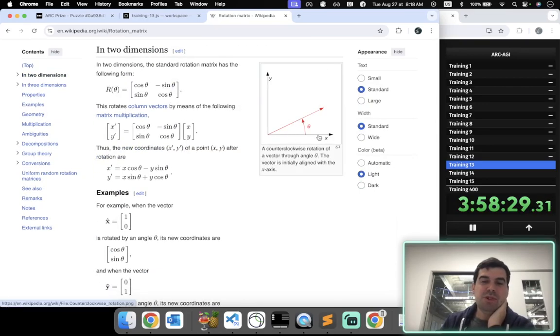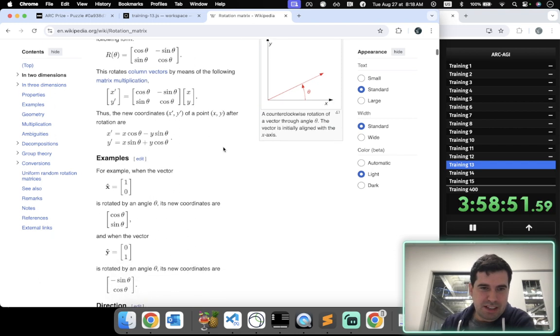If you're trying to rotate a point in space, and you know the angle, what you can do is take this rotation matrix and multiply it by the vector xy, which is the point in space, and then it's going to give the new point in space.